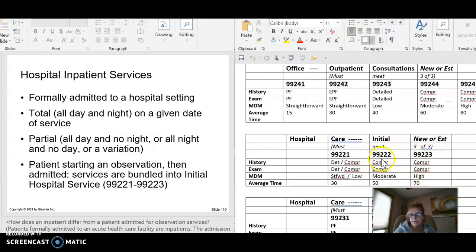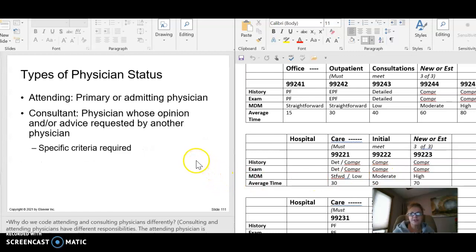So if I have a comprehensive history and comprehensive exam but my decision making wasn't at a high level, I have to code a 99222.